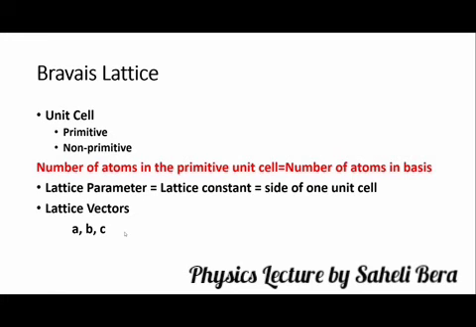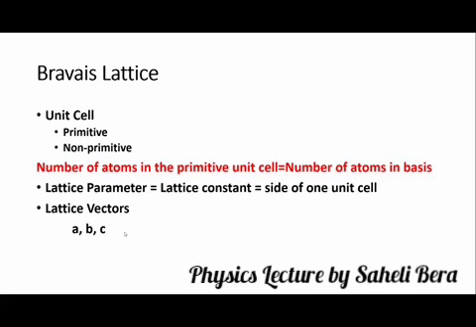Lattice vectors means when we take the magnitude of this A vector, we will get the corresponding lattice parameter in that direction. It means if A is the lattice vector along the x-axis, B is the lattice vector along the y-axis, and C is the lattice vector along the z-axis, then the magnitude of A will give the side of the unit cell along the x-axis.